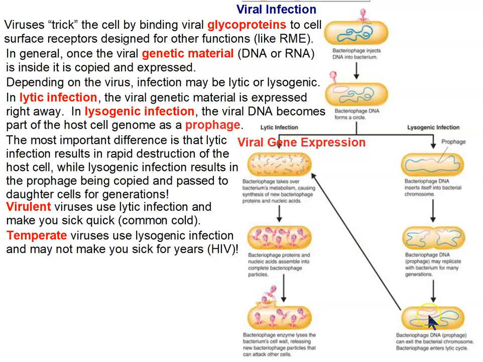So again, it might be a long time and many generations of cells reproducing or undergoing cell division before the viral DNA exits the chromosome of the host and then is expressed. Temperate refers to time, so there can be a long time. HIV is an example of a temperate virus.